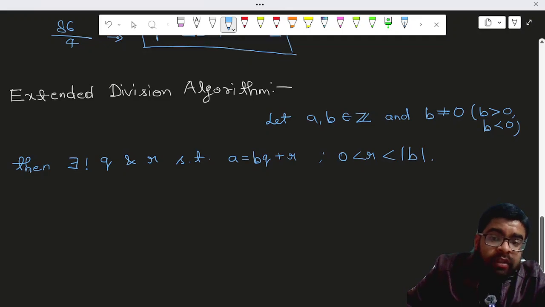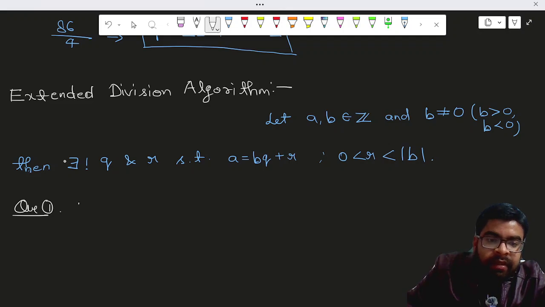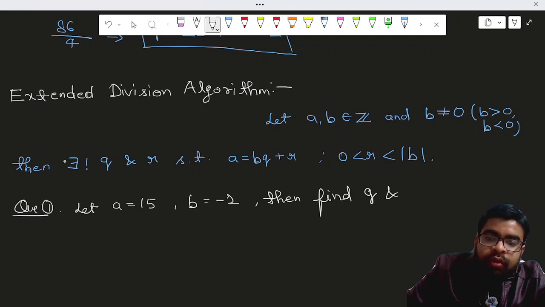Okay, so write on the question based upon this. Question number 1 is, let a is equal to 15 हमने ले लिया and b is equal to -2, which is a negative integer. Then find quotient and remainder.